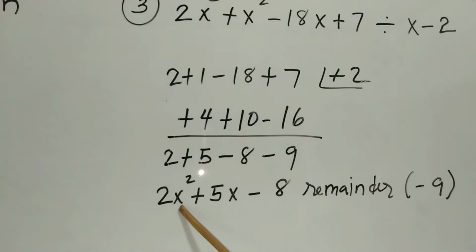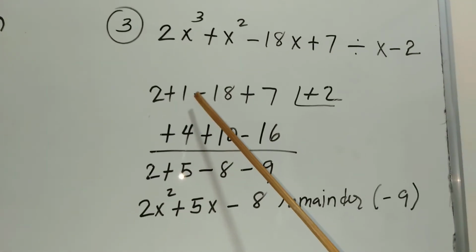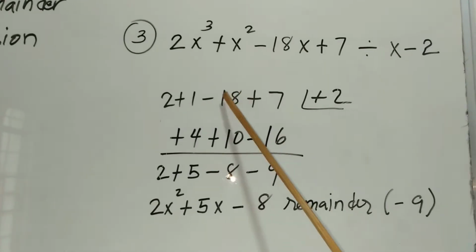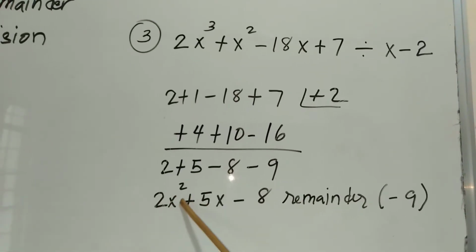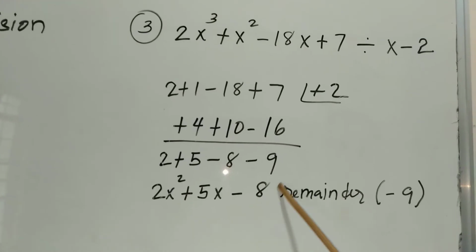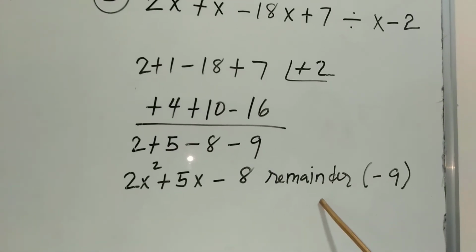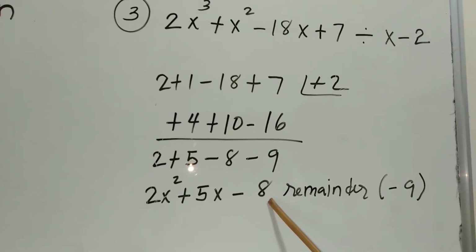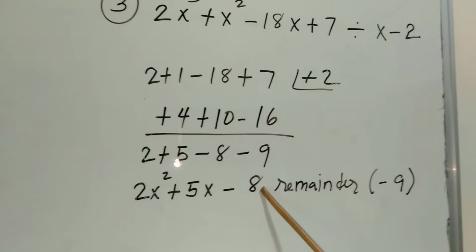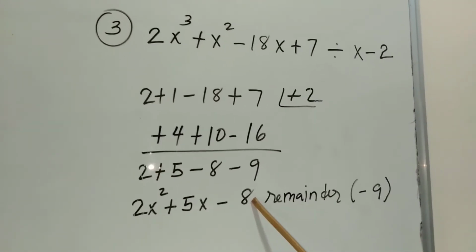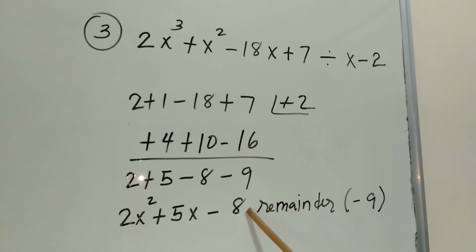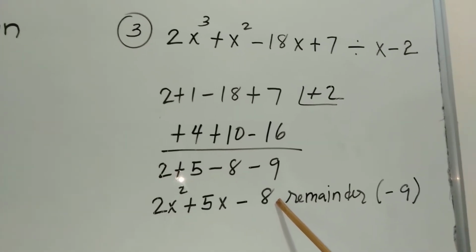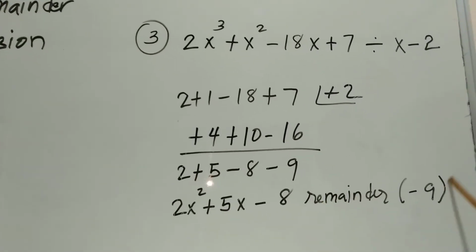And then we subtract 1 from the exponent of the given polynomial. We have 2x squared plus 5x minus 8, and the remainder is negative 9.